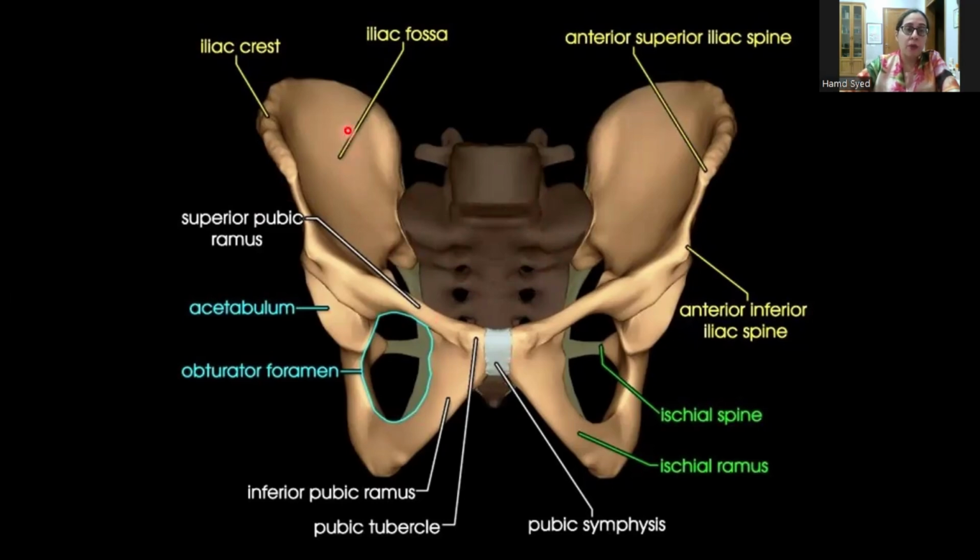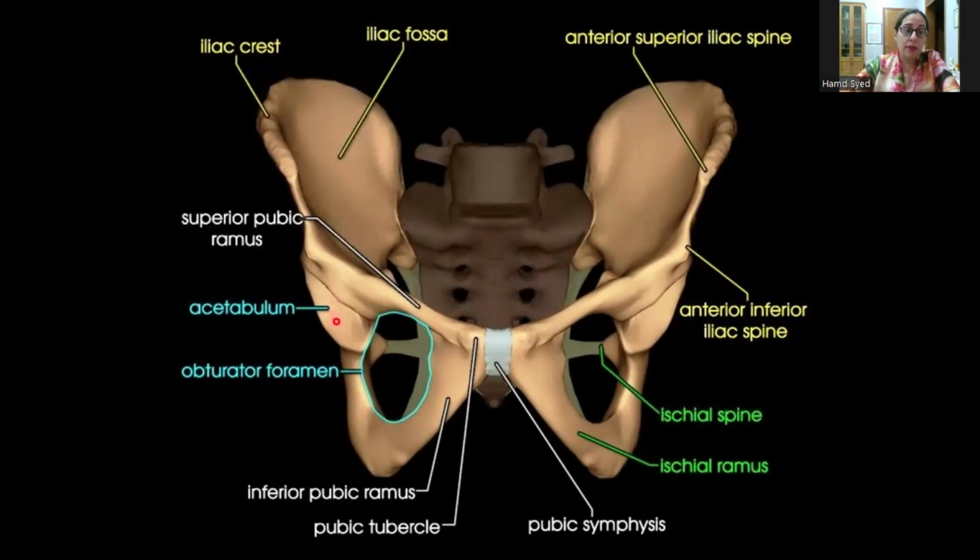And here you can see the portion of each hip bone, which is the most superior part. The flattened part is known as the ilium, and it is superficially having a ridge known as the iliac crest. And on the internal aspect, it is depressed slightly. This area is known as the iliac fossa.